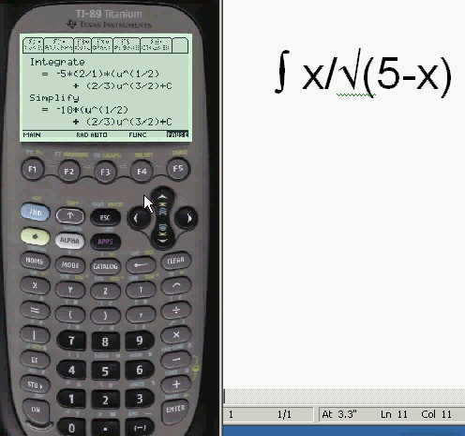And we integrate. Turns out to be here. We simplify: minus 10 plus u to the 1/2, etc., just like it is here.